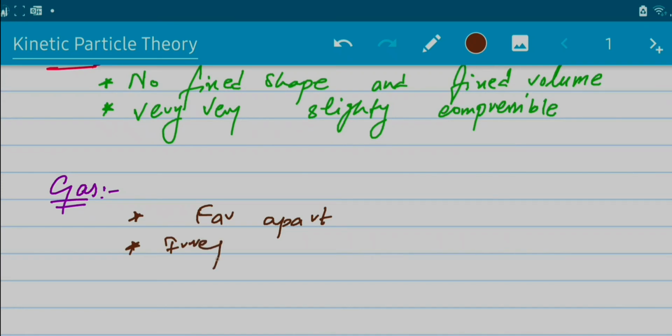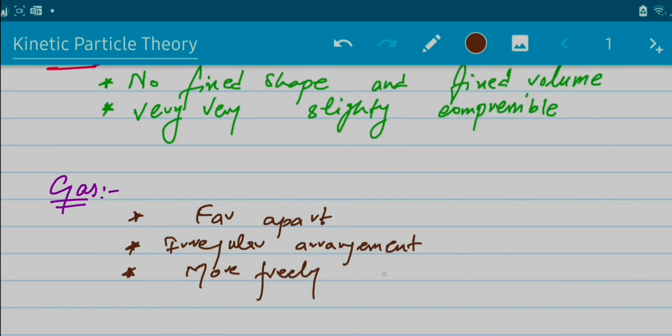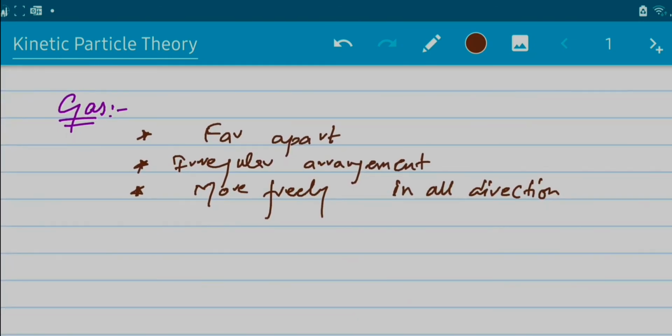They have irregular arrangement, and the third one says that they move freely in all directions, because there are low attractive forces between them keeping them together. So hence they move freely in all directions. You can also say that they have random movement. When you're talking about the movement of the gas particle, they have random movement.